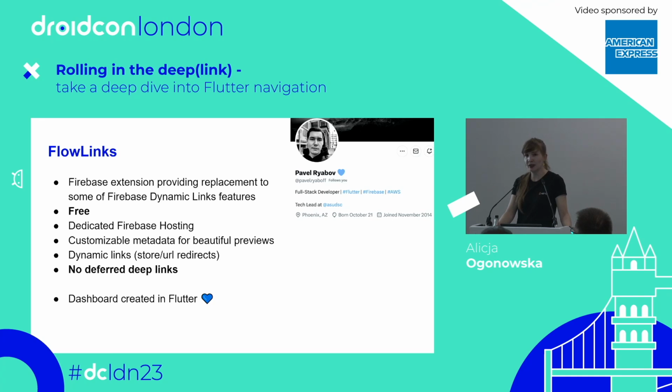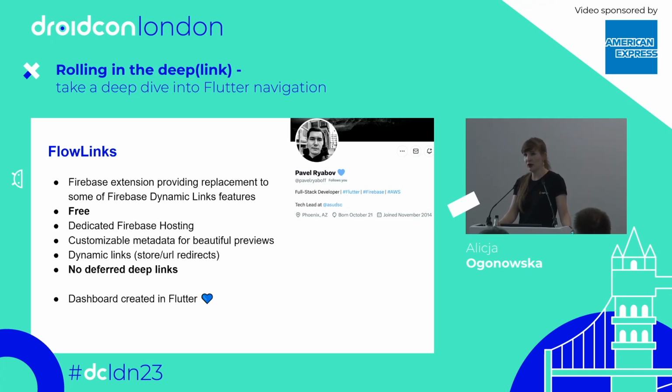So, for example, recently Paweł Ryabov posted Flowlinks, which is a Firebase extension that is aiming to provide a replacement to some of Firebase Dynamic Links features. And it's free. You get a dedicated Firebase hosting. You can customize the metadata so that your links have a nice social preview.